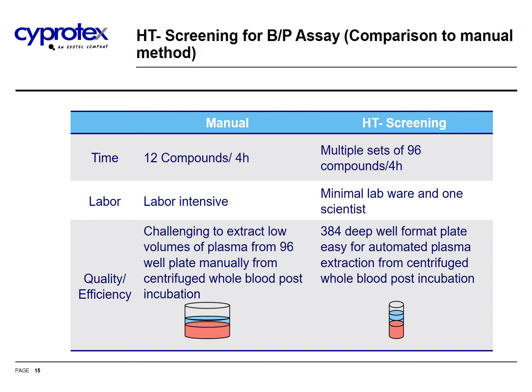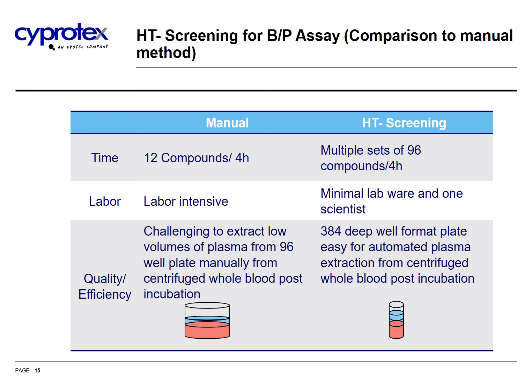In the manual method, it is challenging to extract low volumes of plasma from 96 well plate from centrifuged whole blood post-incubation. The well in 96 well plate is much wider in comparison to the 384 deep well plate, and this makes it difficult to extract lower volumes of plasma, or higher volumes of blood has to be used in 96 well plate during incubation, which would be lot more reagents and material cost.